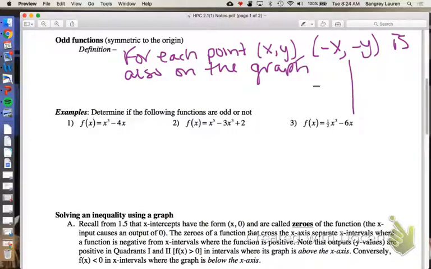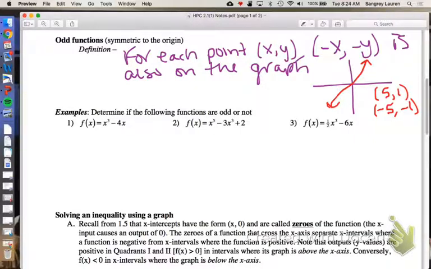So if we have a function that looks like this, this would be symmetric to the origin. For example, if the point (5, 1) is on the graph, then the point (-5, -1) is also on our graph. That's what makes it an odd function, symmetric to the origin.